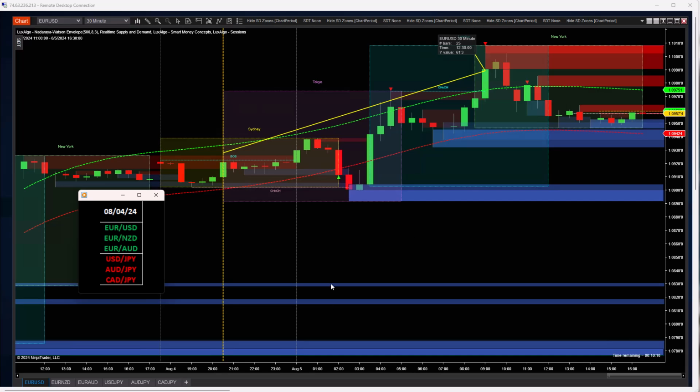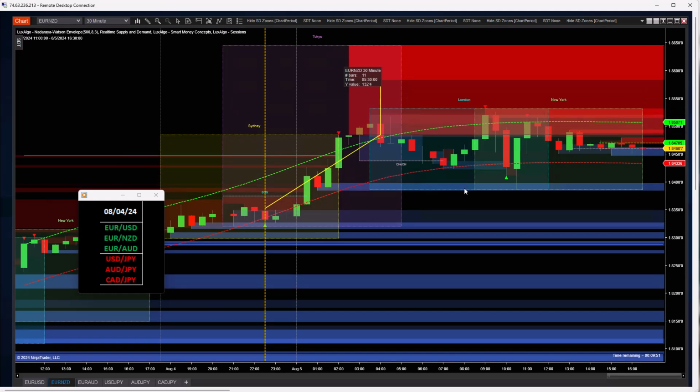But last night at around 8:30 p.m., if we entered market right here, as we broke through this supply zone and carried this trade all the way through the overnight, we had a total of 61 some odd pips. Easy winner. On the Euro NZD, we had a huge move. Same thing, we got in a little bit later at the end of the overnight.